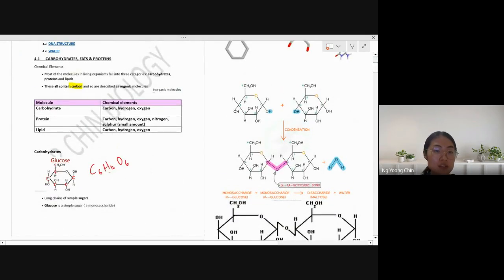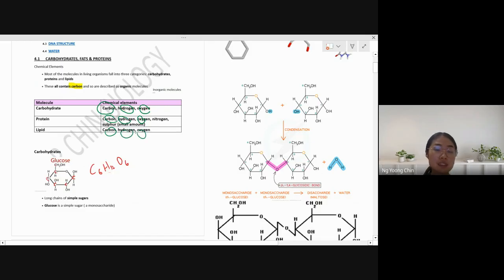So as you can notice, all carbohydrates, proteins, and lipids are made from carbon. They all contain carbon, and they also contain hydrogen and oxygen. So they have carbon, hydrogen, and oxygen for these 3 biological molecules.